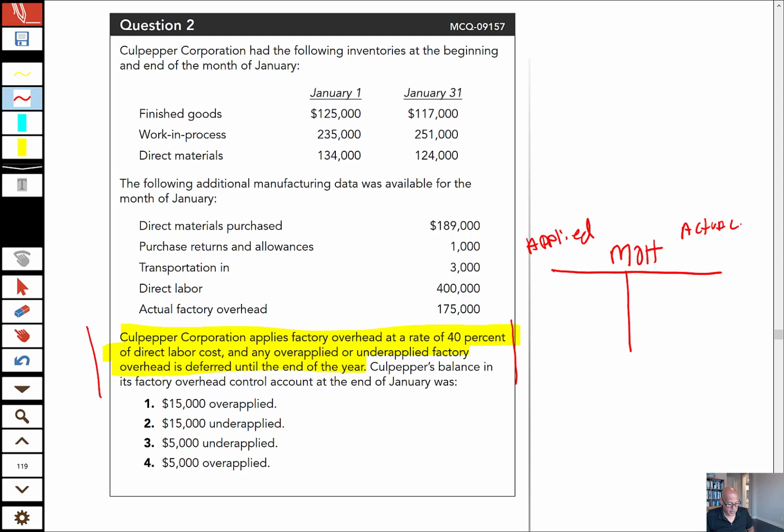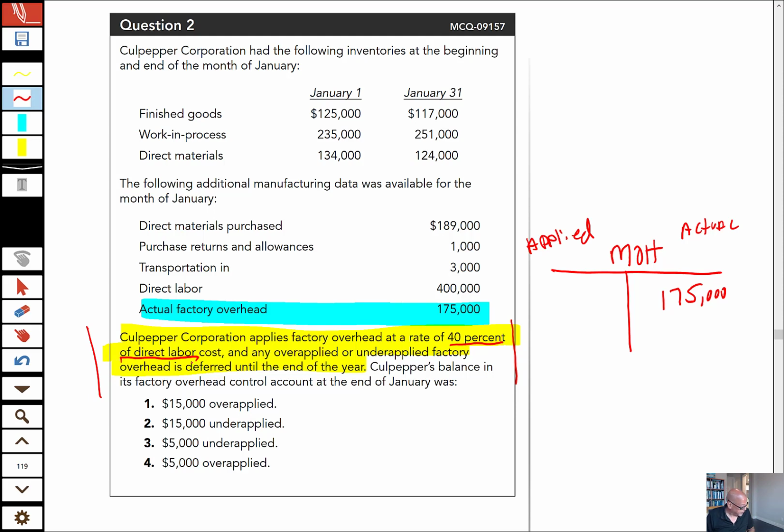Now, I'm looking and thinking, thank you, God, because the examiners were very nice to us. They simply gave us the actual. So if I can figure out the applied, then I'll know if it's under or over applied. They give me the rate, 40% of direct labor cost. Do they give me the direct labor?